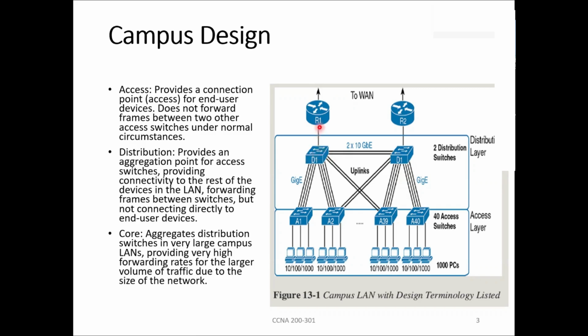And from the distribution layer switch, we have the routers, and the router may be connected with some other areas. So that's how the campus design topology is built. And we need to remember the access layer switch, the distribution layer switch, and we have the core layer switch.